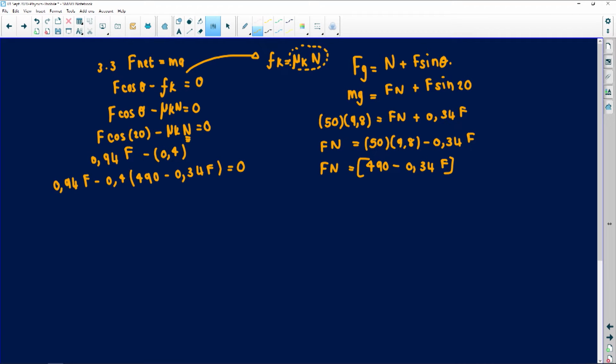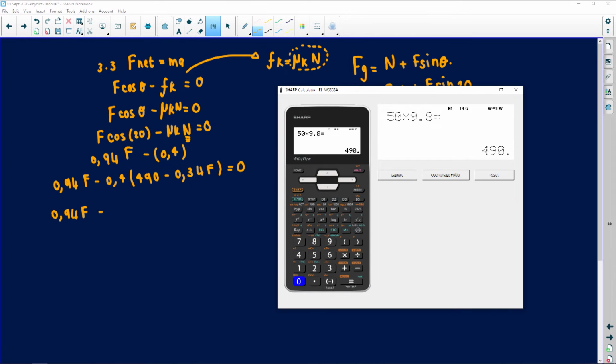So the one thing to do, we are going to multiply everything inside the bracket. Remember, if they are touching, it means multiplication. We're going to multiply inside the bracket, and then we're going to solve all our F's. So I'm going to have 0.94F minus, and this side I'm going to have 490 multiplied by 0.4.